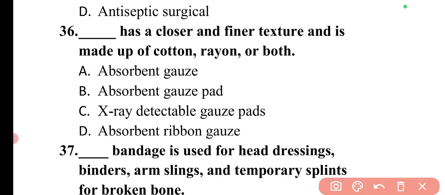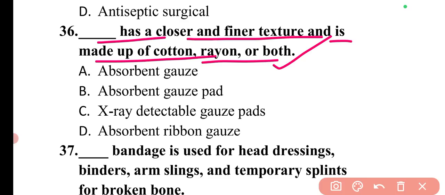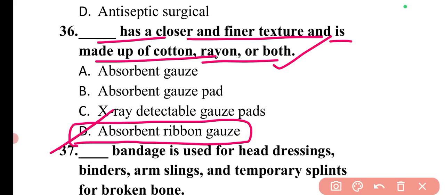Next question is, dash has a closer and finer texture and is made up of cotton, rayon or both. So this one is the absorbent ribbon gauze. So absorbent ribbon gauze has a closer and finer texture and it is made up of cotton, rayon, or both cotton and rayon. So here option D is correct.